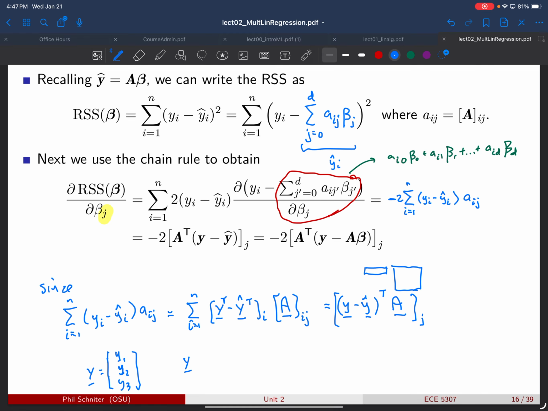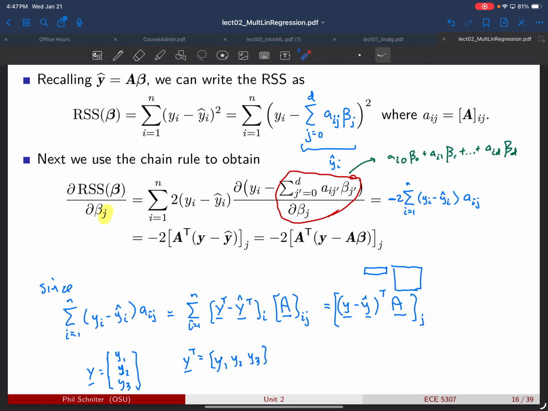If I have a row vector, y1, y2, y3, and I say, what is the second entry? It's y2. It's the same thing. So if you're asking why we can put the transpose in here, it's because the jth entry of this is the same as the jth entry of this. So I'm free to put this in when I'm extracting the ith entry. And in fact, I have to in order to make this a valid multiply. Okay, any other questions?